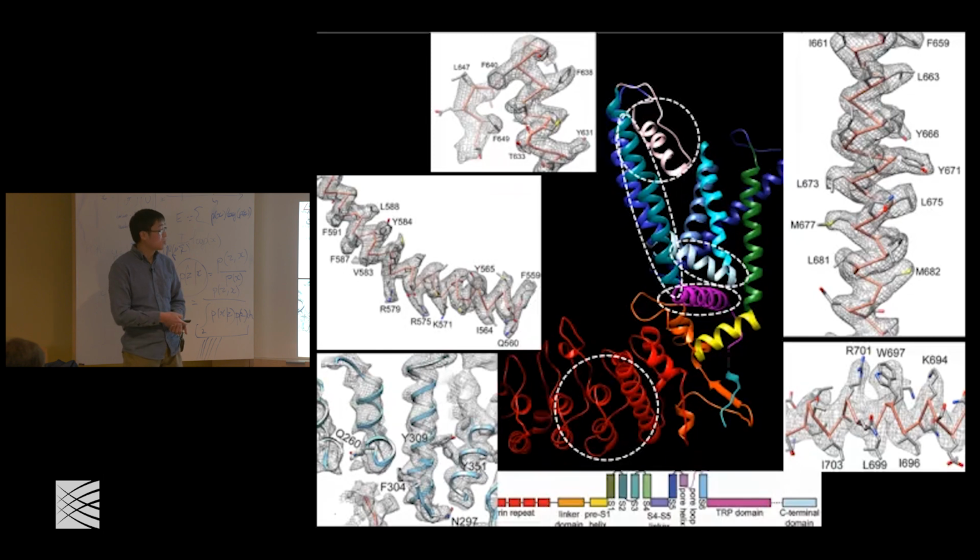So we enter the regime where you can directly build a model and explain a lot of biology. After we solved the first structure, the whole purification and structure determination pipeline was well established, and we were able to quickly generate a set of additional structures using different compounds and toxins.